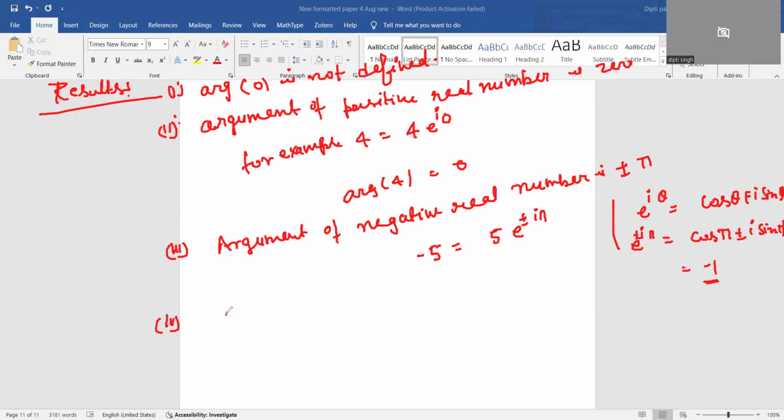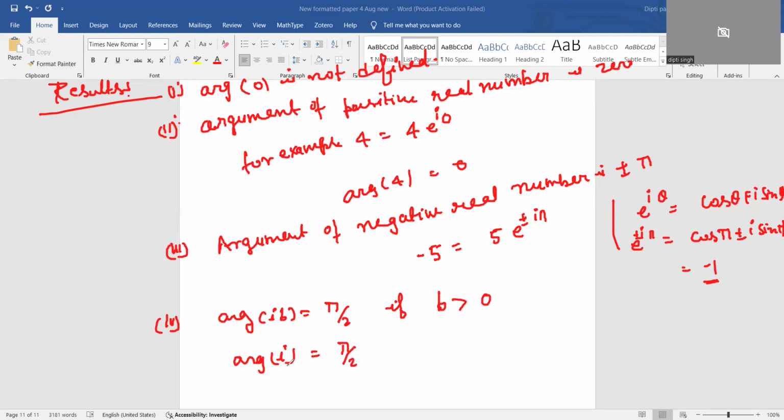Or argument of I b is pi by 2 if b is greater than 0, which means argument of I is pi by 2.